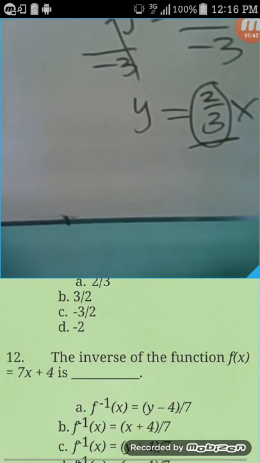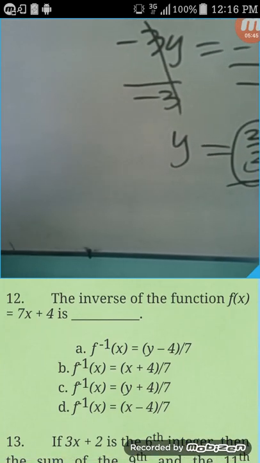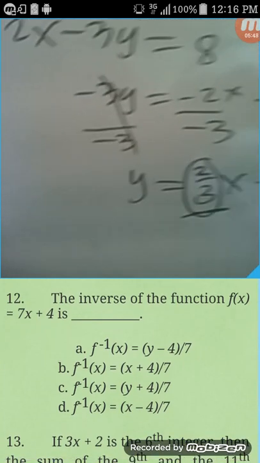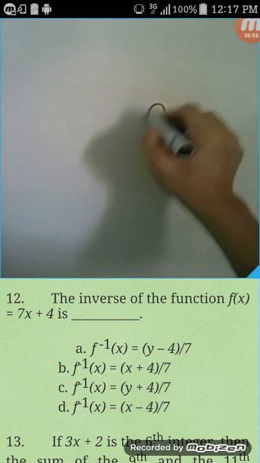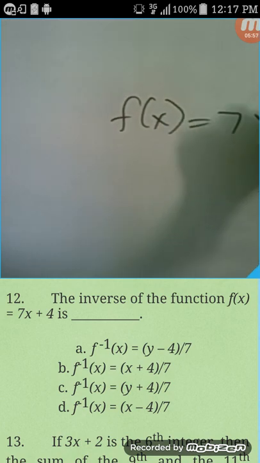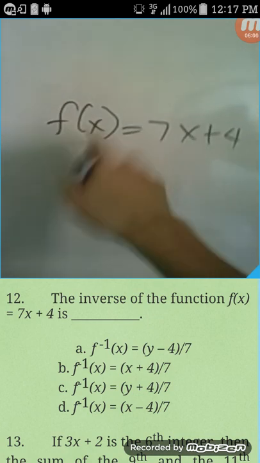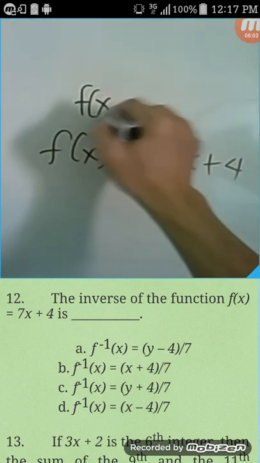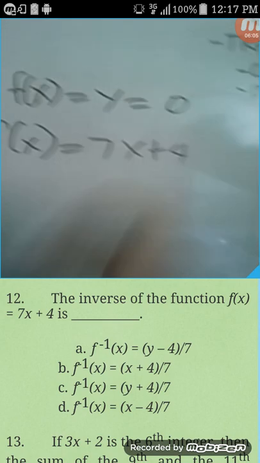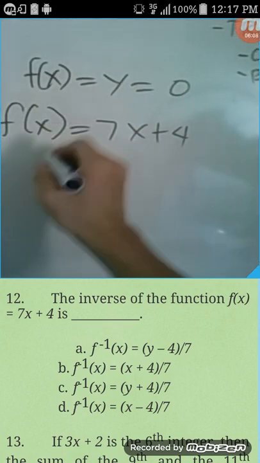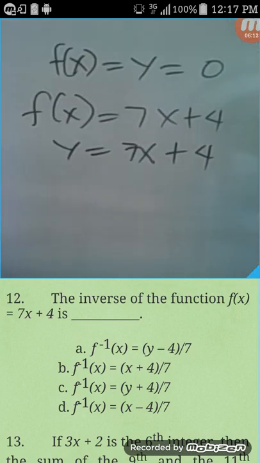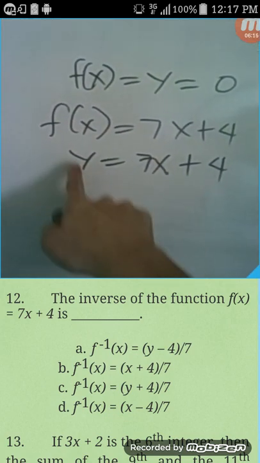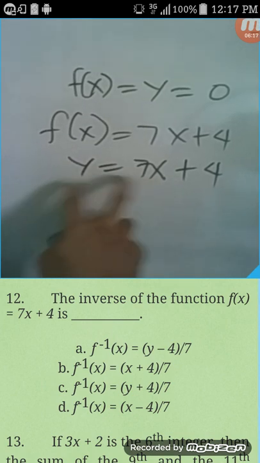There we go. Last, we have the inverse of the function f of x equal to 7x plus 4. Now, f of x is always equal to y, so change f of x into y: y is equal to 7x plus 4. To find the inverse of a given function, after changing f of x to y, you have to interchange x and y.